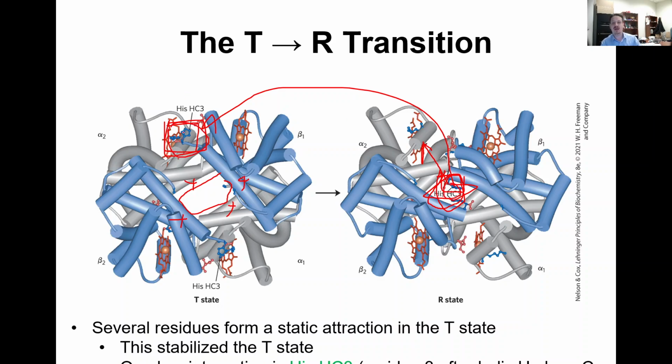And so the histidine HC3, that's a histidine in helix H, C terminal 3.